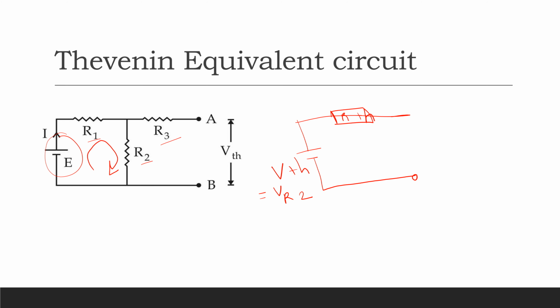And if we short the source to find equivalent resistance, then R1 and R2 are in parallel, so Rth is R1 parallel R2, and R3 is in series. These are my terminals A and B. So this is Vth, this is Rth, and this circuit is the Thevenin equivalent circuit.